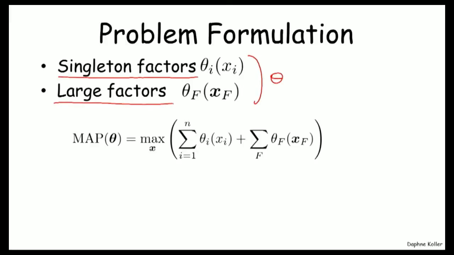And clearly one can fold the singleton factors into some larger factor that contains the variable in its scope, but it turns out to be convenient to keep them in the model for reasons that will become clear in a minute. So now our goal is to find the value, for the moment. We're going to talk about how to find an actual assignment in a little bit, but imagine that our goal is to just figure out what is the value of the highest probability assignment x. And so we're trying to find the x that maximizes this total summation.